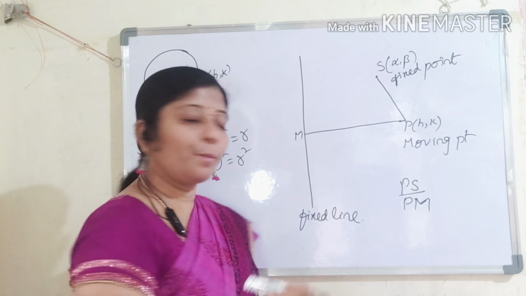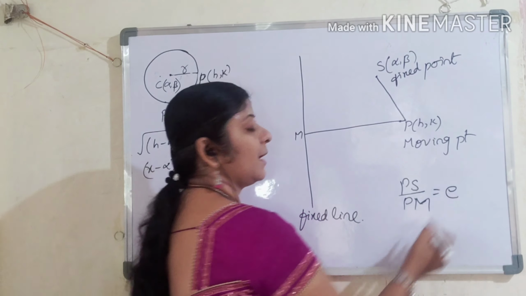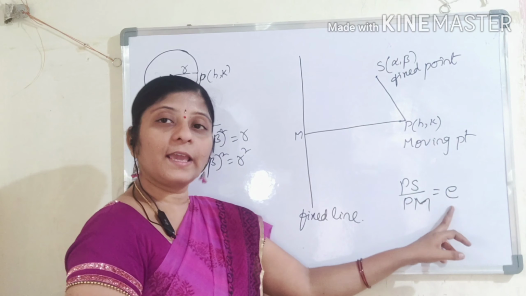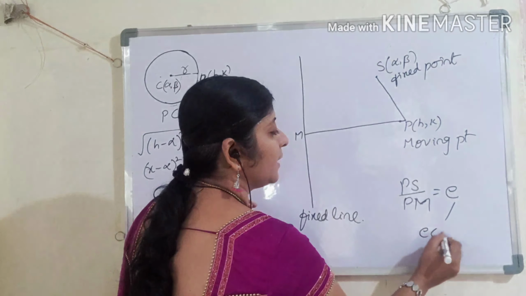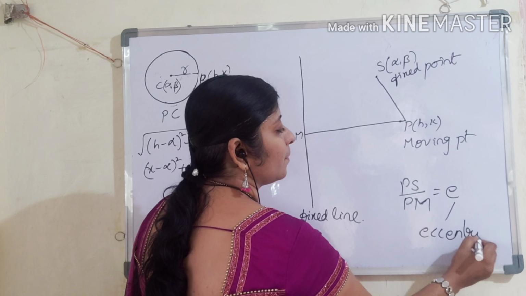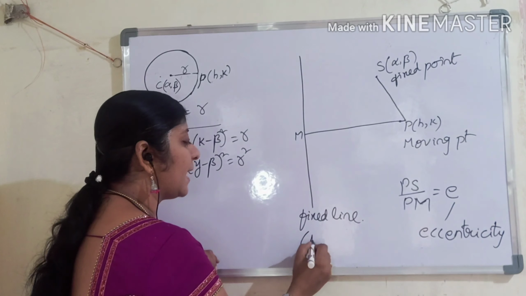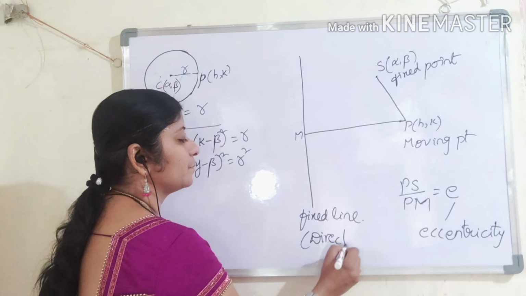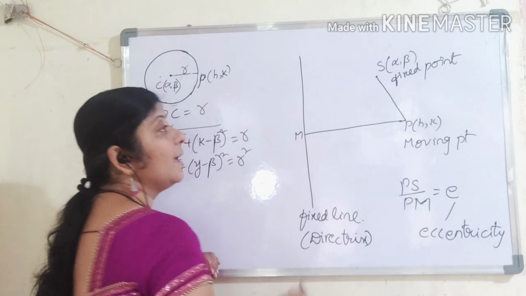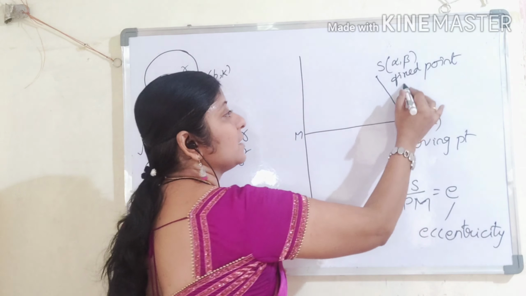We are assuming that constant is E. Here E is called eccentricity. This fixed line is called directrix. And this fixed point is called focus.